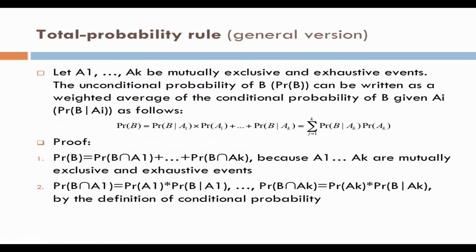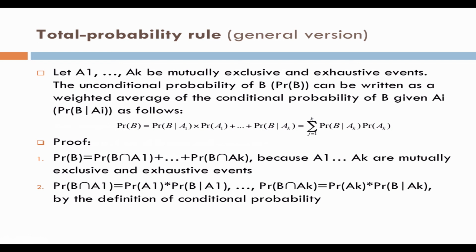Okay, so in the Venn diagram, look at this. This can be understood as an extension. If you want to estimate the probability of B, previously you put one set here and put its complement here.